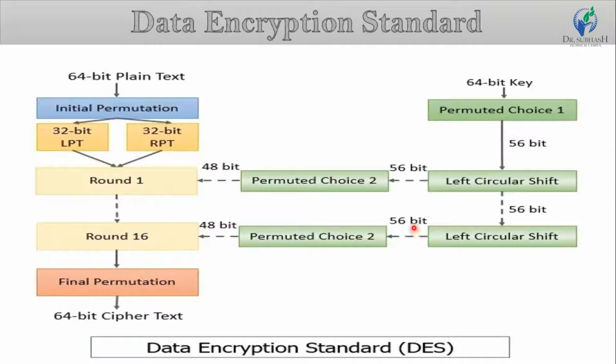Now in step 3, after the 16th round, the 32-bit LPT and 32-bit RPT are integrated, which forms a 64-bit block again, and then the final permutation is applied to this 64-bit block to obtain the 64-bit ciphertext.